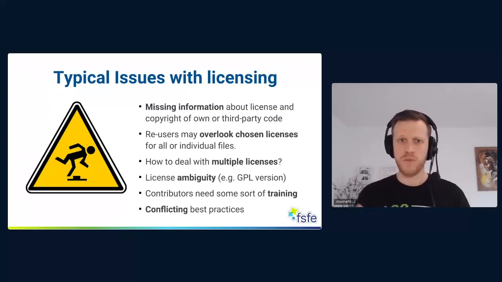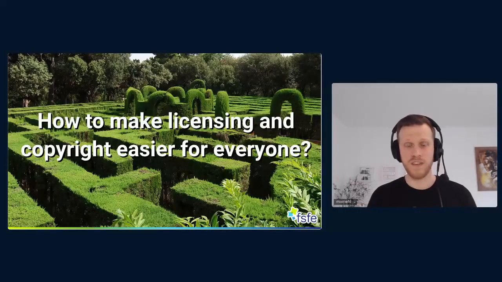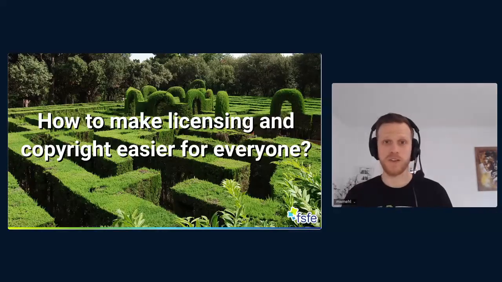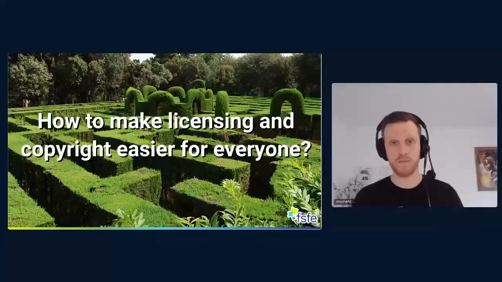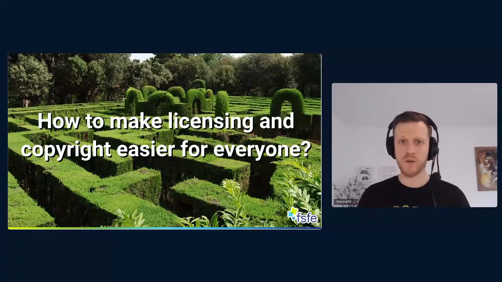This is the set of issues that we saw in 2017 at the FSFE when we thought about how we can do something about this. How can we make licensing and copyright easier for everyone? And by everyone, I mean not only humans, but also machines.